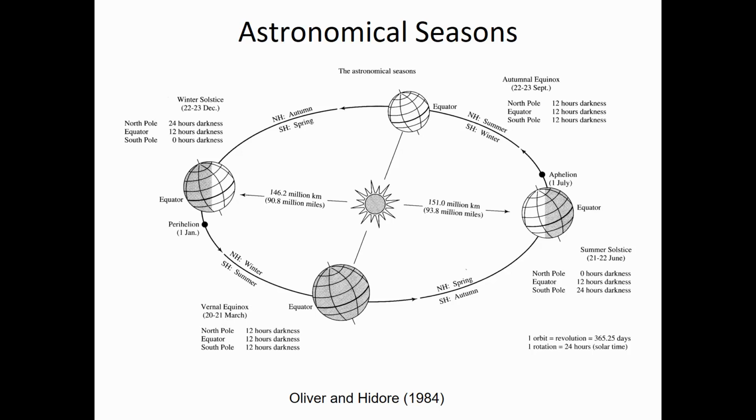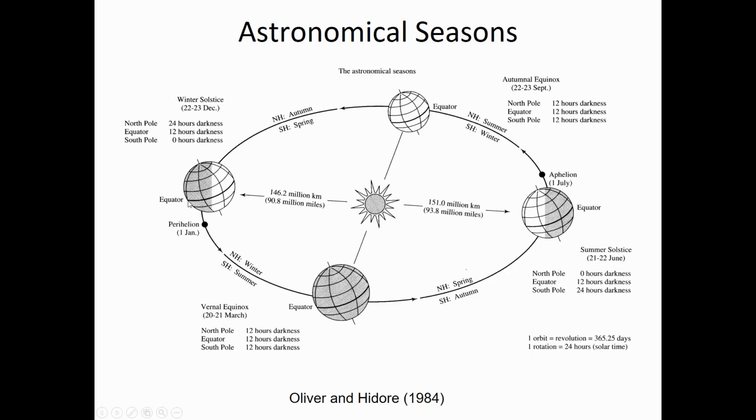And another way that the radiation varies is over the course of the season. And so we all know that here in the northern hemisphere that during the summer months, for us the middle of the year, June, July, August, September, we have longer days because the Earth tilts as it rotates around the sun.